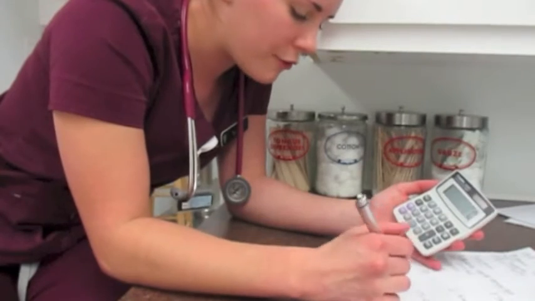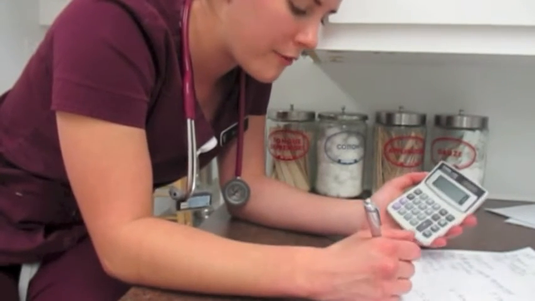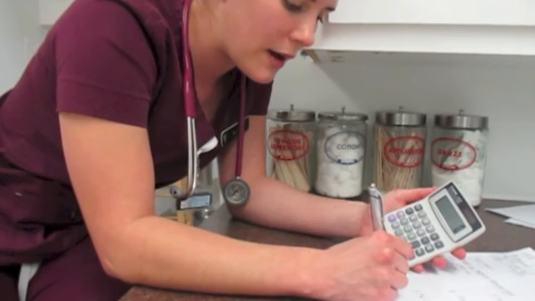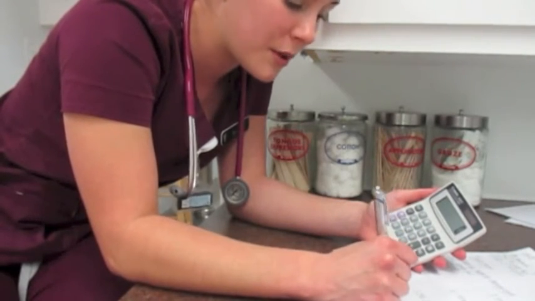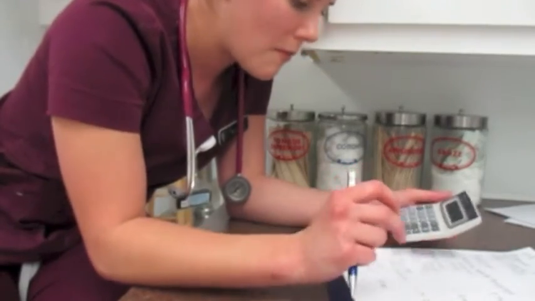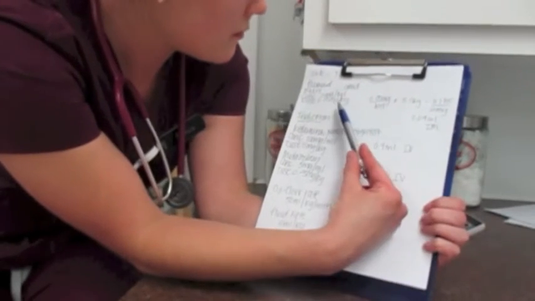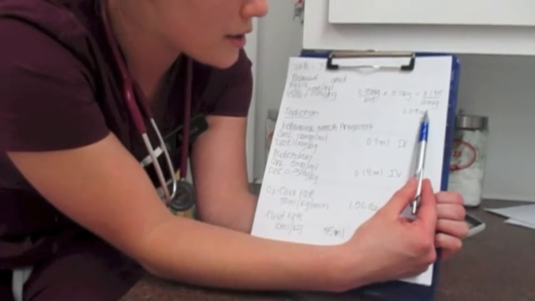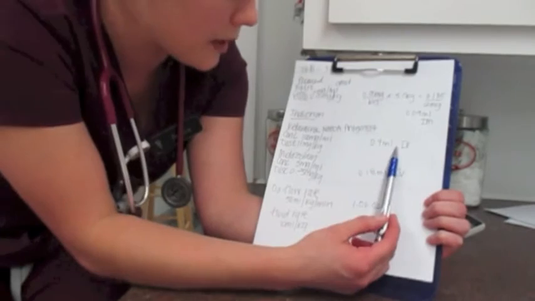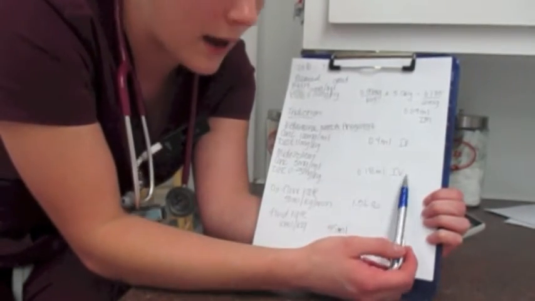So our fluid rate is 10 mils per kg. Our patient weighs 3.5 kgs, so that's going to be 35 mils of fluids for our 3.5 kg patient. So our hydro is going to be 0.09 mils IM, ketamine 0.4 mils IV, midazolam 0.18 IV.